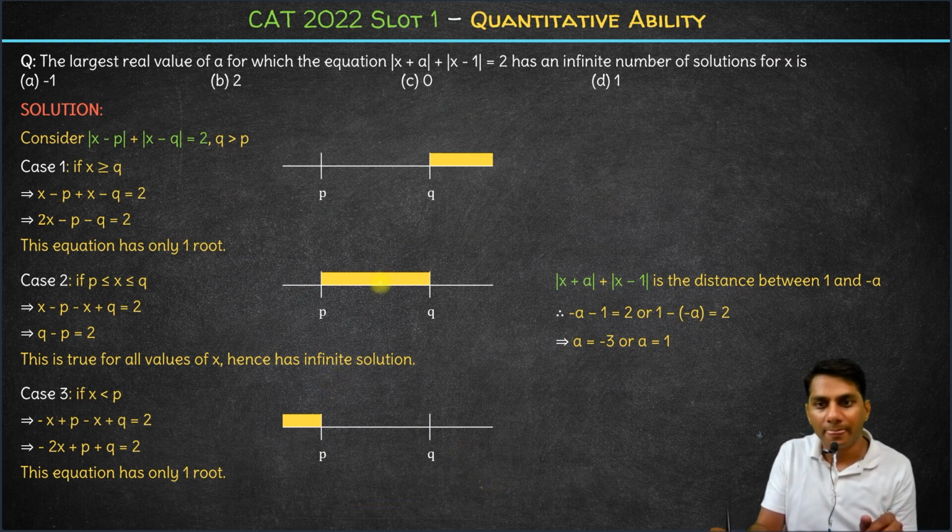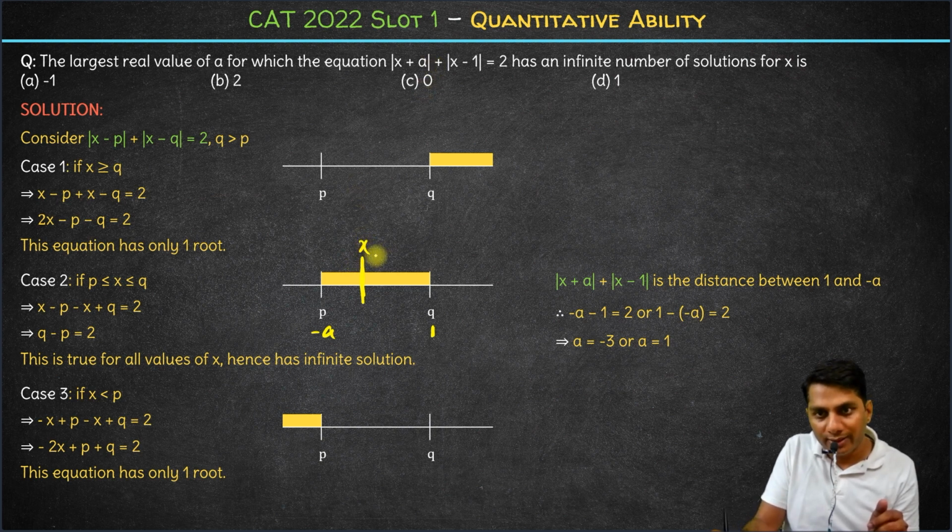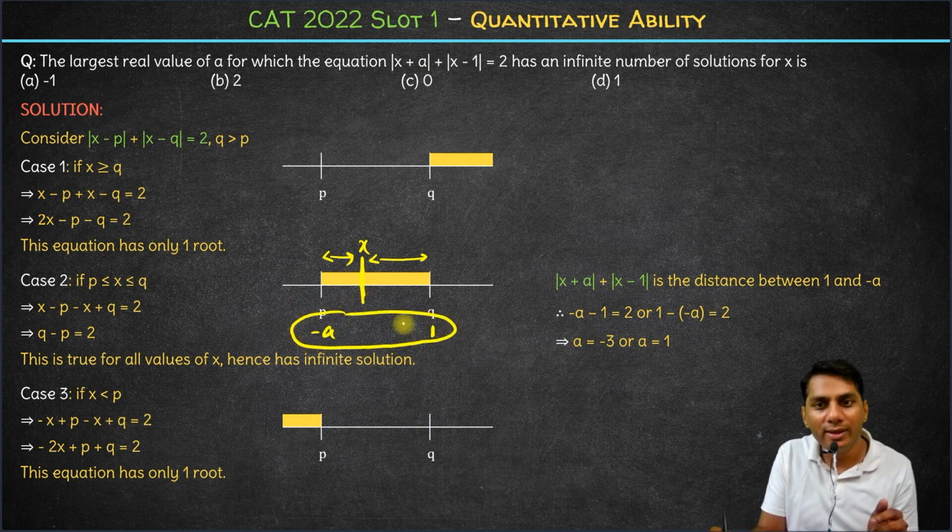What if x is here? Now if this is 1 and this is minus a, and if you take x somewhere here, the distance x minus 1 is this distance and x plus a is this distance. Now if you take x anywhere from here to here, the sum of these two will be basically the distance between minus a and 1, right?